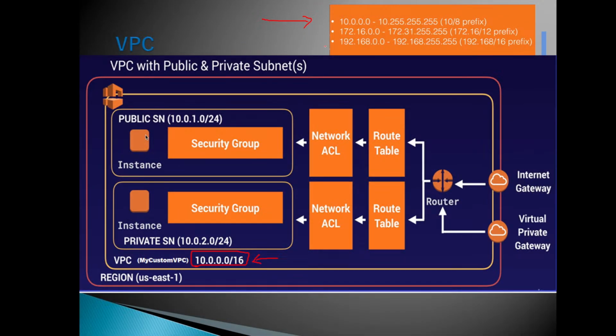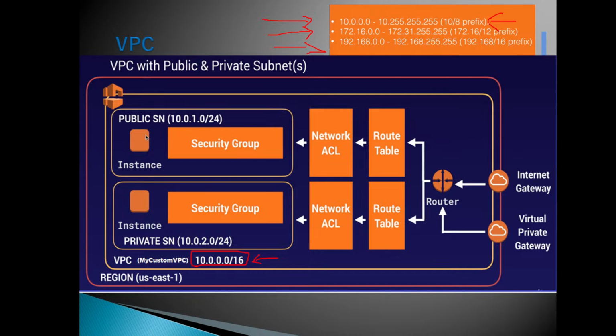But in Amazon there are three IP ranges which we can use out of the full IP ranges of IPv4. The first one is 10.0.0.0 to 10.255.255.255, that is 10 slash 8. Again, it's a short form.